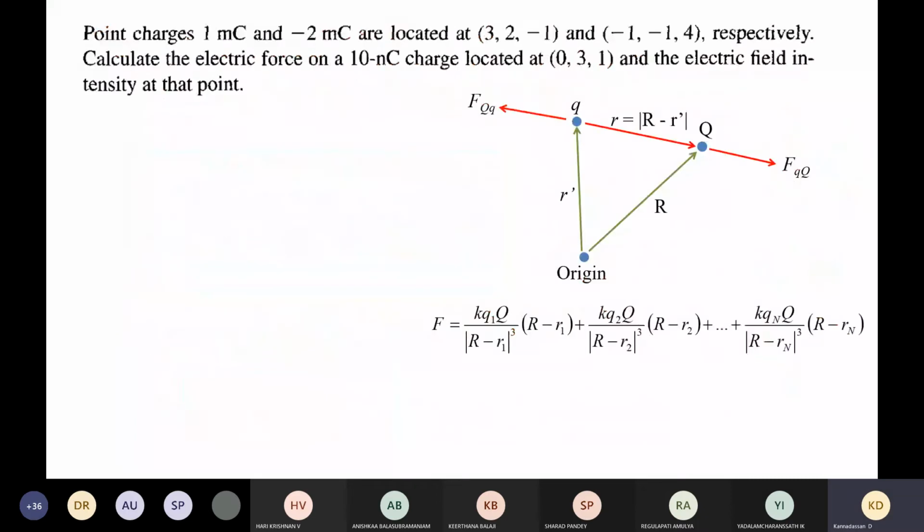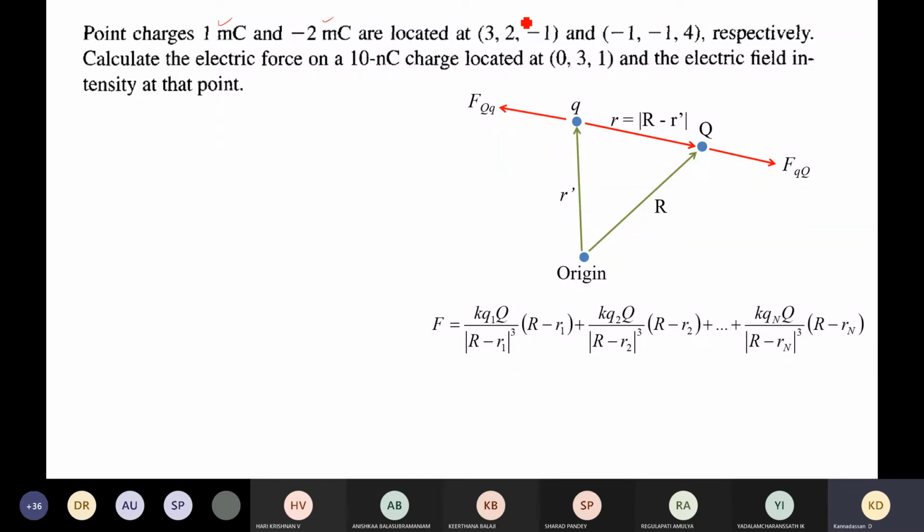Let's take a simple example, and think of how these calculations are done. We have 2 point charges. One is 1 millicoulomb, another one is -2 millicoulomb. So they are oppositely polarized charges, located at different locations.